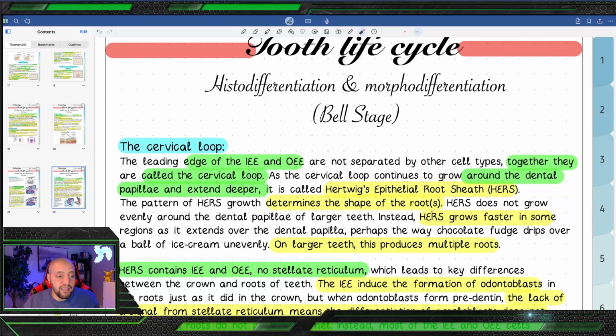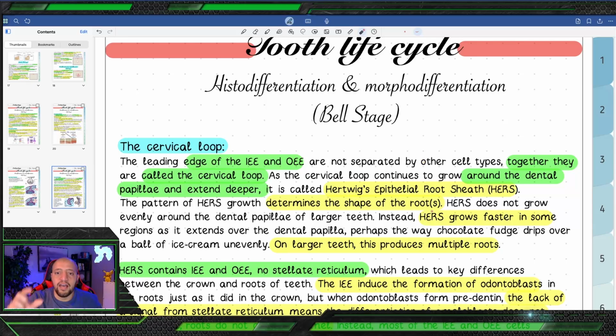So we have teeth with one root, and we have teeth with multiple roots. How does this Hertwig epithelial root sheath extend apically, or stop at a certain point? Increasing in length, at a certain point it will end, giving different roots. This differential growth will give us more than one root.